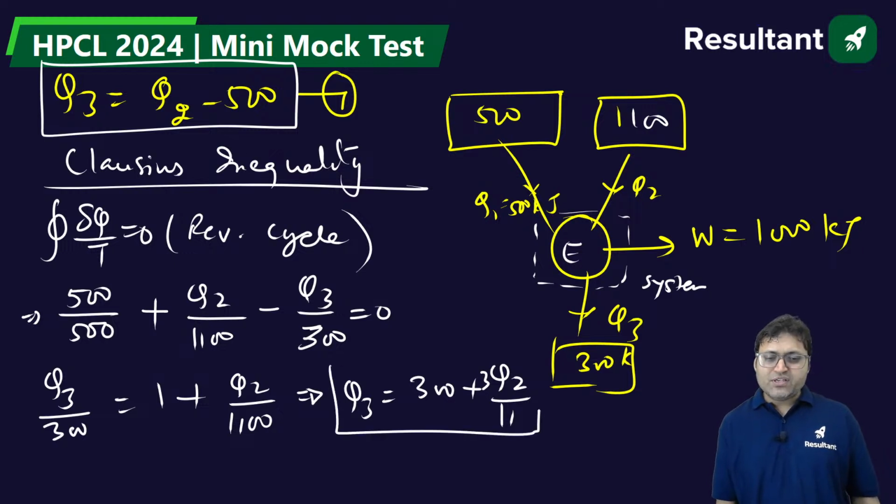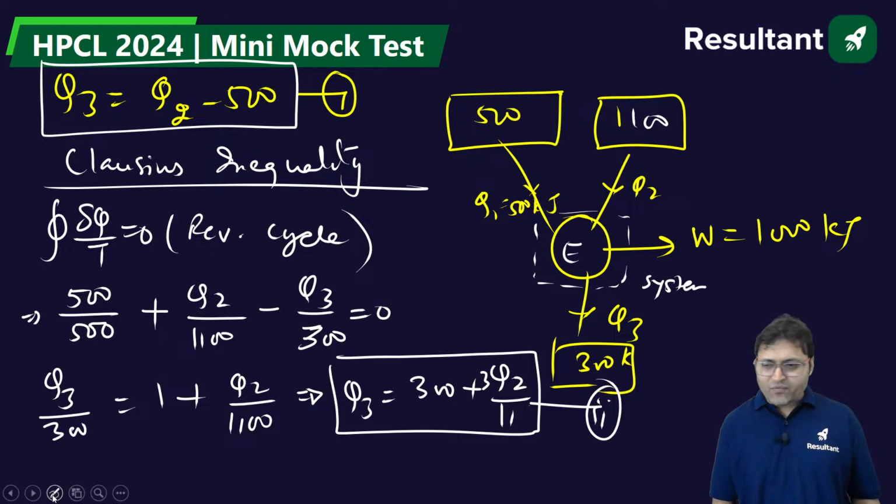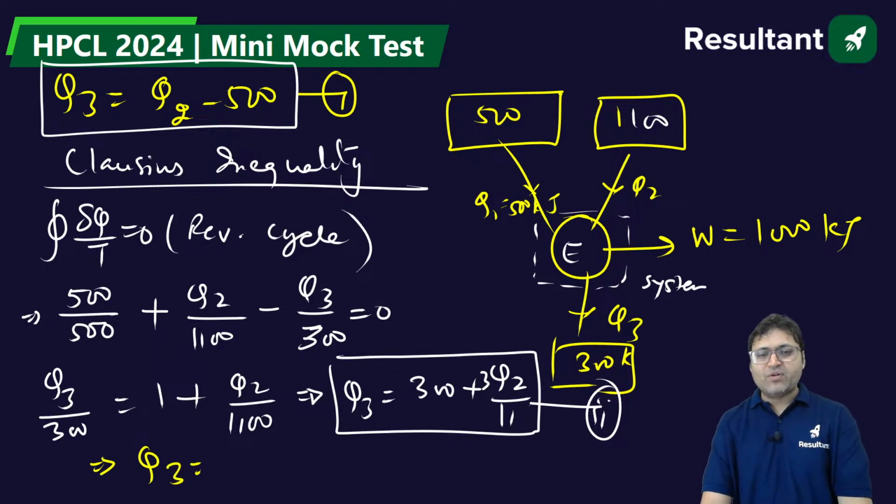By solving these two equations, 1 and 2, you will get the value of Q3. If you do the calculation correctly, you will get the value of Q3 to be 600, and this will be positive 600 kilojoule.